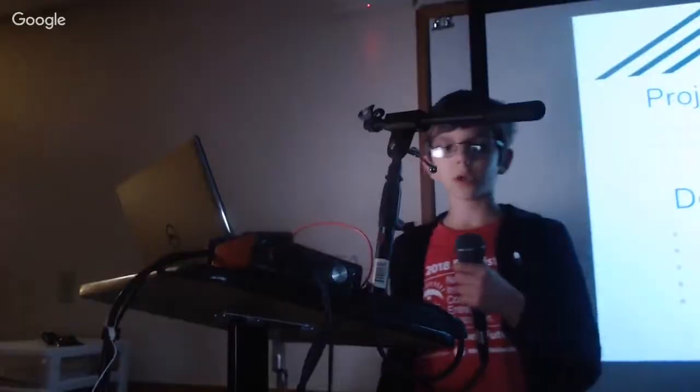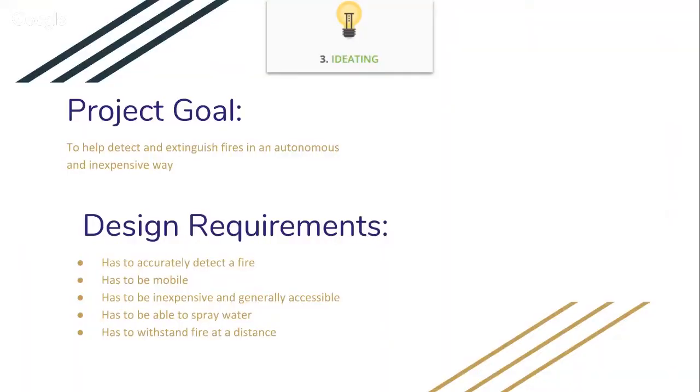In order to incorporate all of these solutions, I decided that in order to be mobile, I would use stepper motors for the most control over my robot. In order for it to be able to accurately detect the fire, I would use IR, or infrared sensors, which work by measuring the amount of infrared light or heat that reaches the sensor.